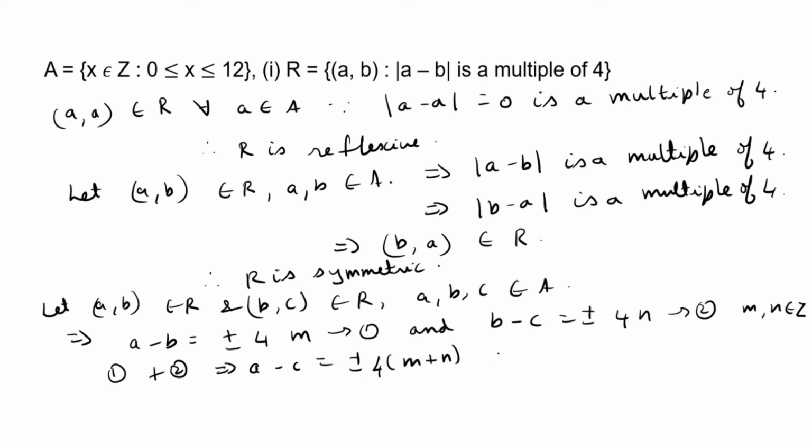This implies (a, c) belongs to R. Therefore, R is transitive. So we have got R is reflexive, symmetric, and transitive. Hence, R is an equivalence relation.